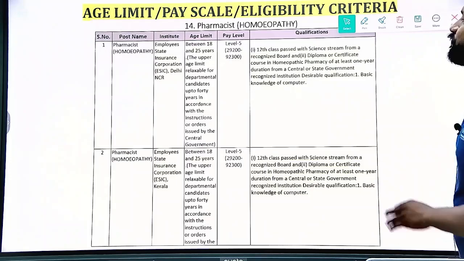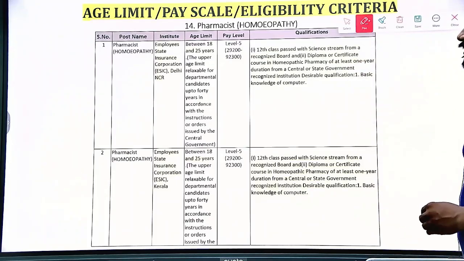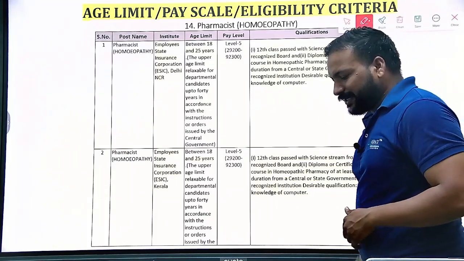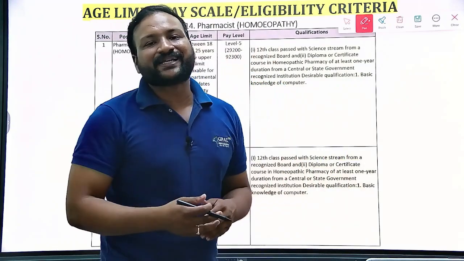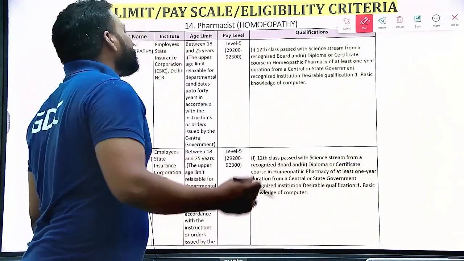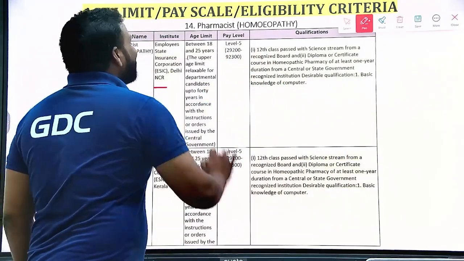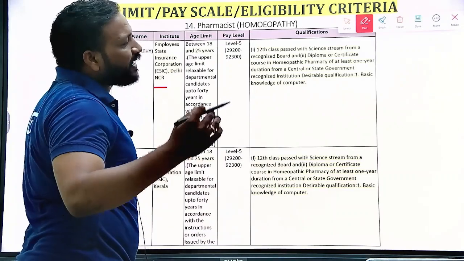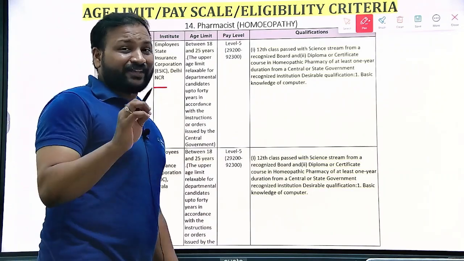Moving to the pharmacist, especially for homeopathy. This homeopathy vacancy is seen in ESIC, the Employee State Insurance Corporation, in Delhi NCR, which has a larger number of posts, 40 vacancies we have observed.